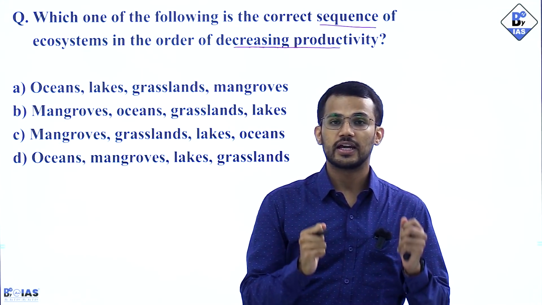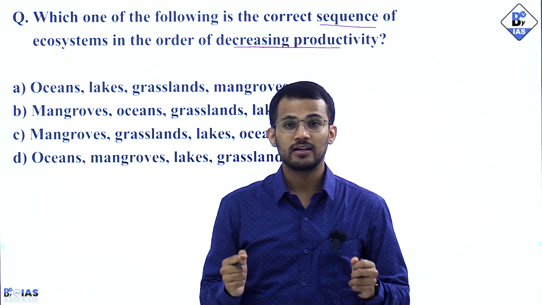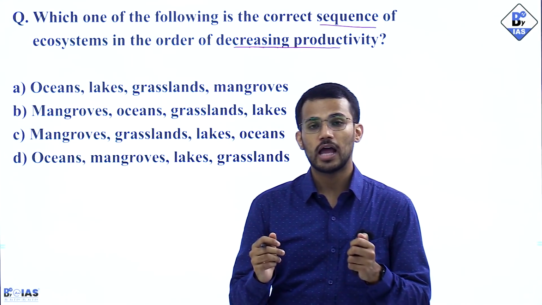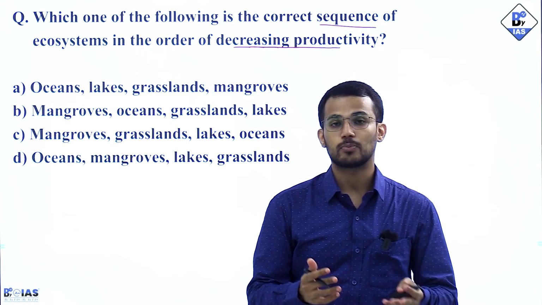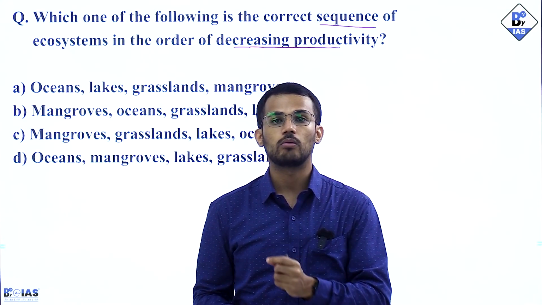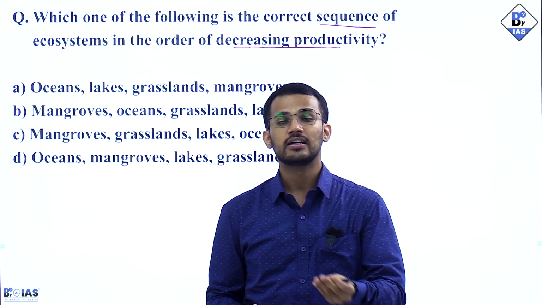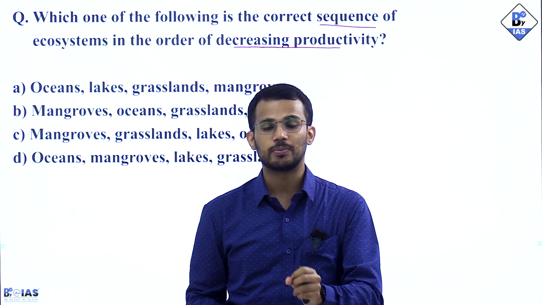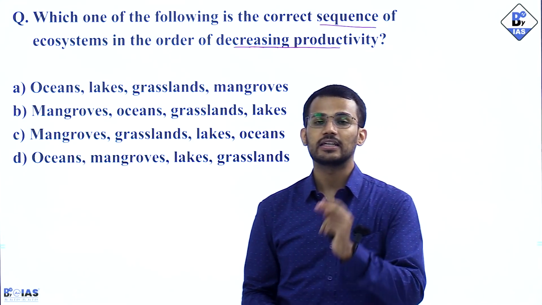Productivity is the rate of production of biomass, and this rate of production of biomass needs certain conditions, in the form of availability of water along with nutrients and sunlight.